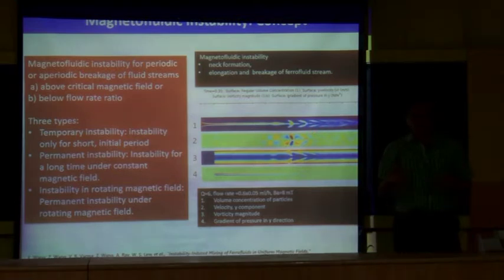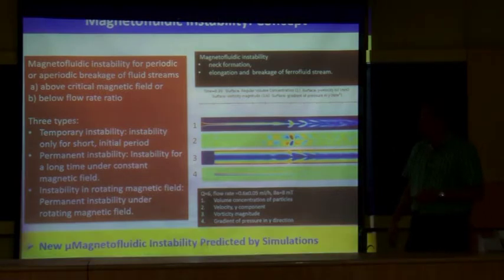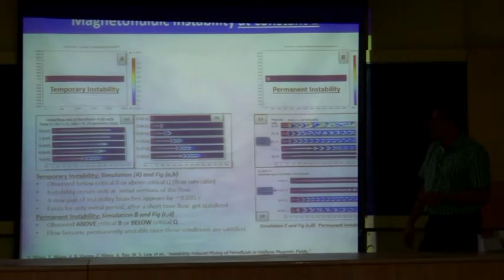So that means I can make things mix, which earlier you could not make them mix. So this is very useful. So here you see, I will show you how we do this. You look here. I can apply a field, and you can see that I can create the instabilities.